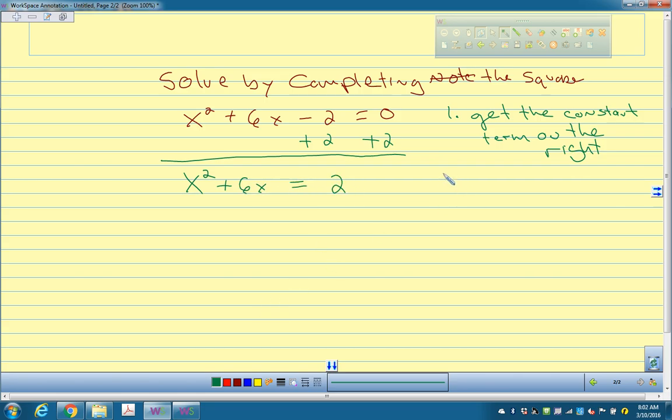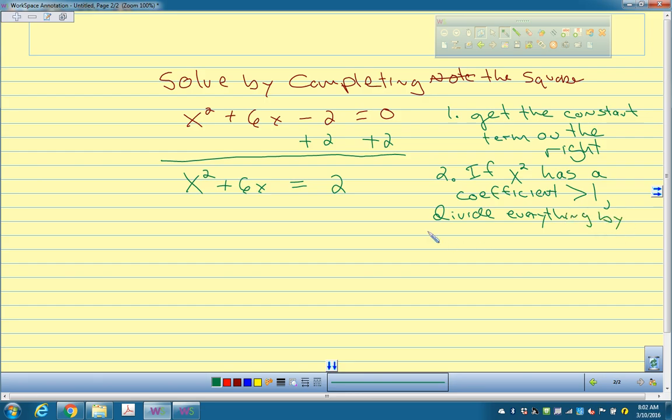Second step, which we're not dealing with yet: if x squared has a coefficient, remember coefficient's the number in front, greater than 1, divide everything by that coefficient.